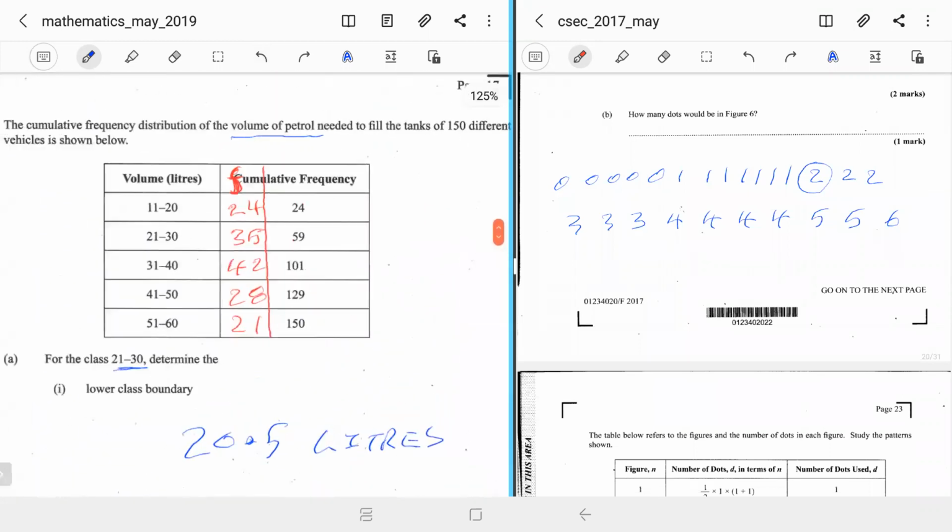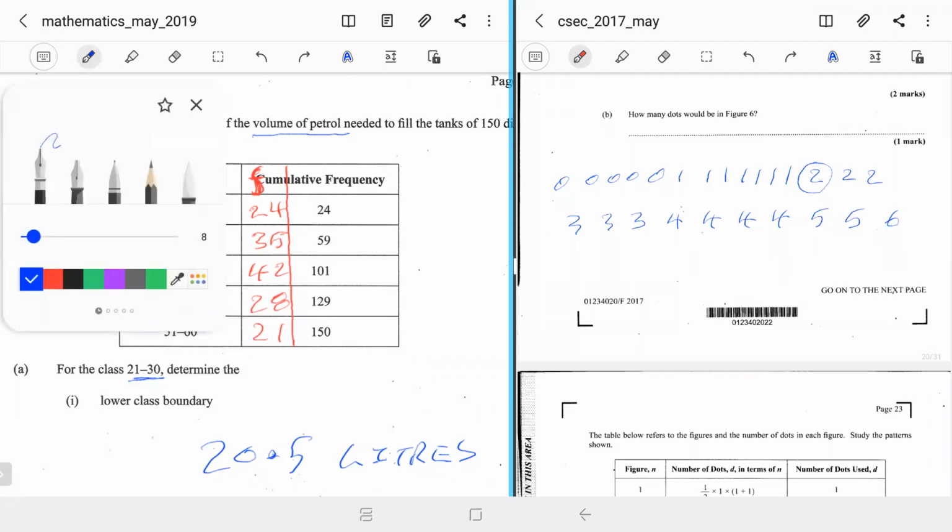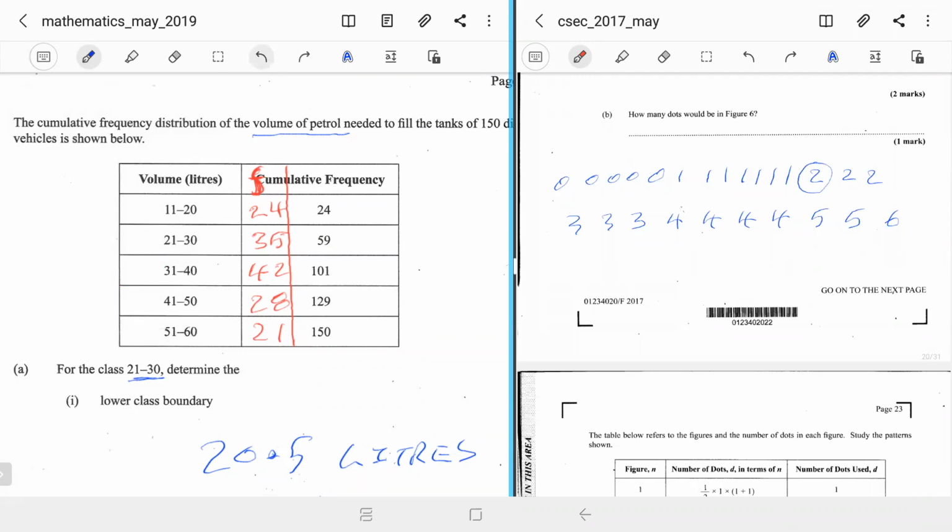Let's look at the data. Where would that be? More than 50.5 liters. Somebody can tell me? Sir, 51 to 60. Exactly. Because remember that this group goes up to less than 50.5, and this one starts at 40.5.